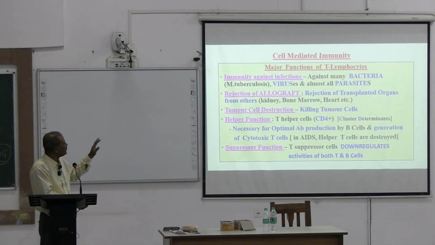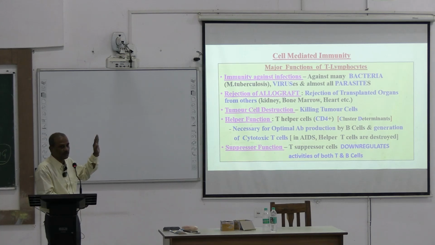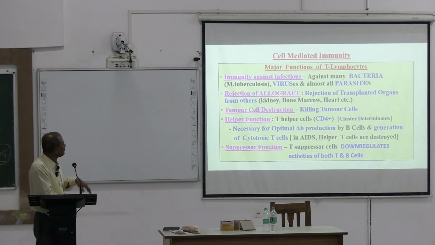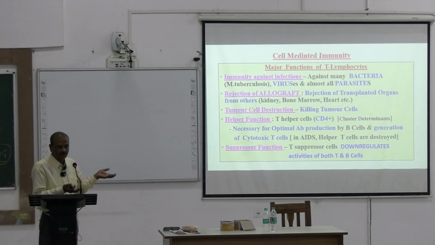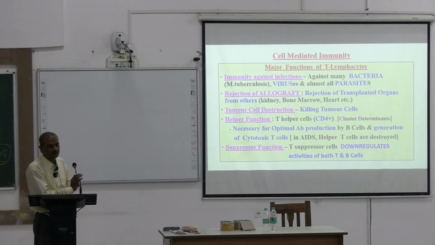So, cell-mediated immunity: major functions of T lymphocytes. Just note down the points if you can remember, otherwise read it. One is immunity against infection, then allograft rejection, where the T cell plays a very important role, and tumor cell destruction.